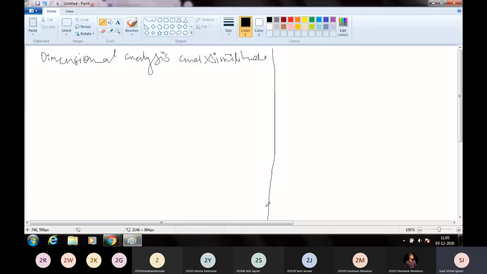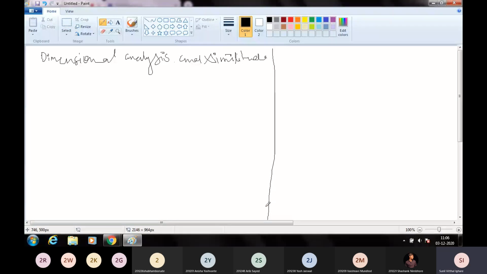Then we talked about similitudes. Similitude is basically similarity between model and prototype in every respect: first the geometrical similarity, then kinematic similarity and dynamic similarity. This we covered in the last session.